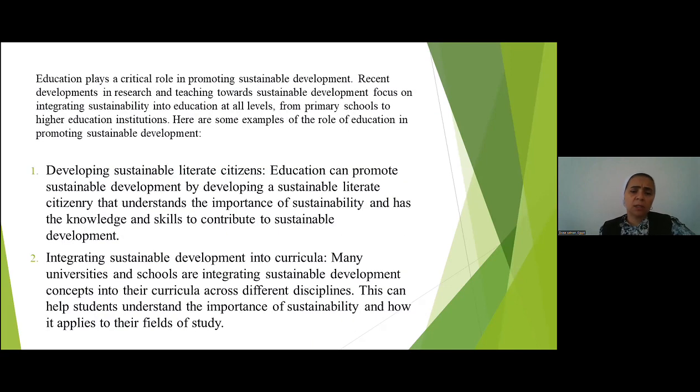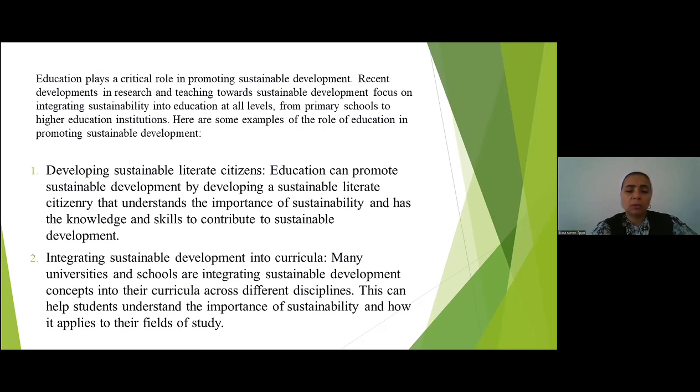Since education promotes sustainable development, if we have educated people and healthy people, and since I'm coming from an academic background, we usually try to relate the three pillars and how a sustainable development literate citizen is very important. So we need to educate people more in order to avoid the illiteracy that we are facing in many developing countries.